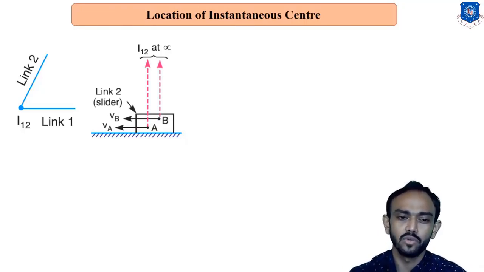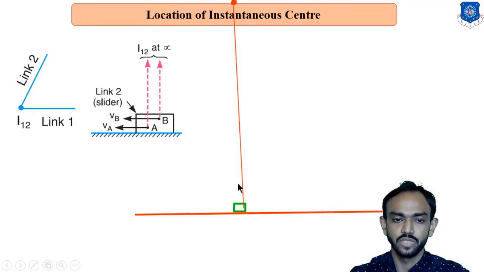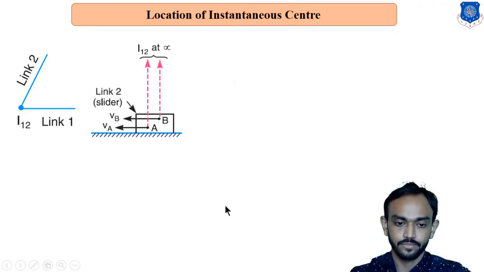But if you consider the I center at infinite distance, it will be considered as pure translatory. If I give you an example, this is the slider. If you say an infinite radius circle is there, a component of that circle will be considered as a straight line.